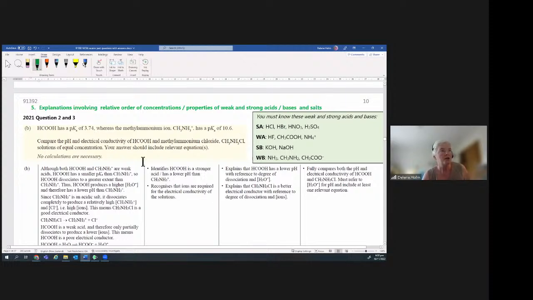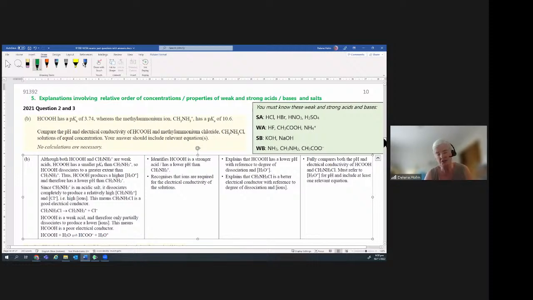Now, in terms of properties, you'll notice they'll always give you something like this. And can you see you must write equations? Always for explanations. If you don't have an equation there, you know you're not going to get excellence. So when it says fully compares, it means include at least one relevant equation.